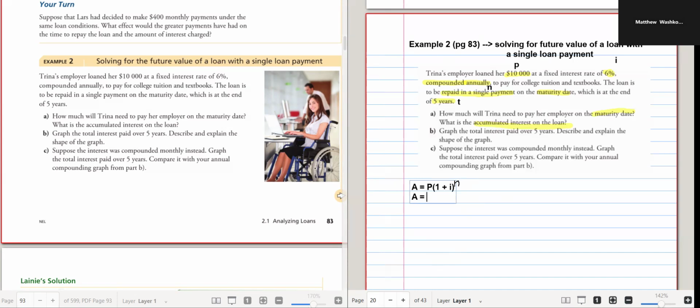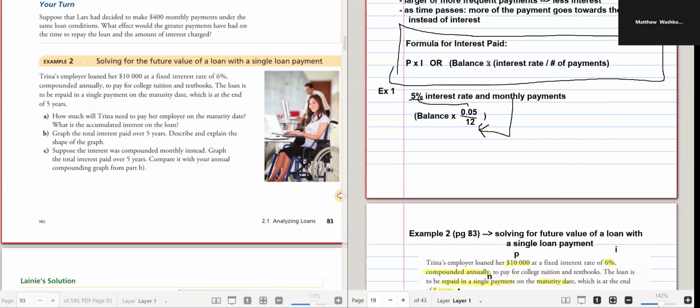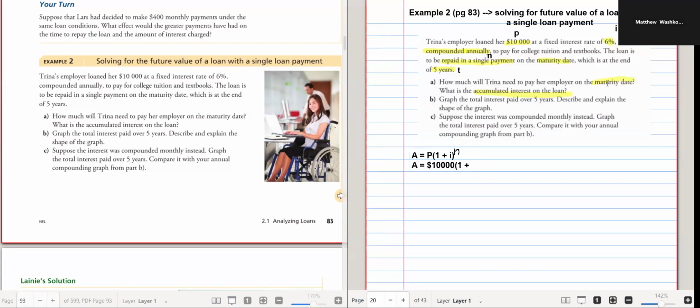I'm still trying to find A, but I do know that my principal is $10,000. And then it's 1 plus the interest. Again, your interest is equal to the percentage divided by the payments per year, as we discussed above.